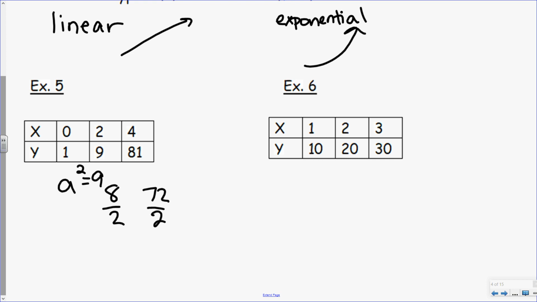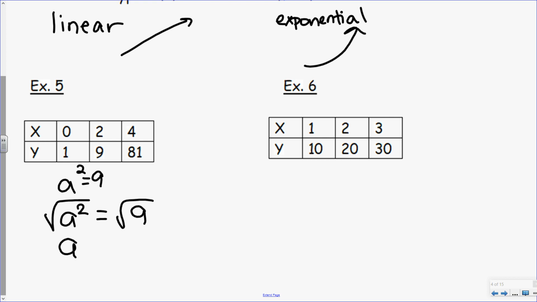Well, what do we know that squares to 9? Or in other words, the square root of 9. So when I square root, I'm undoing that squared. So I get a is equal to 3. So my equation is going to be y equals 3 to the x.